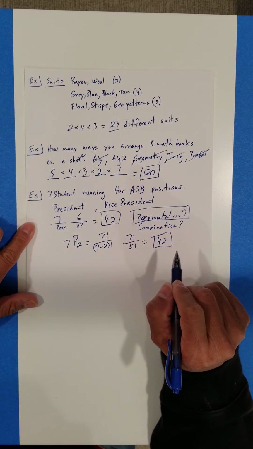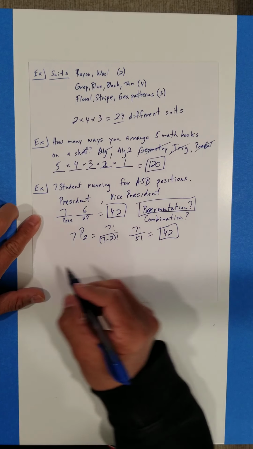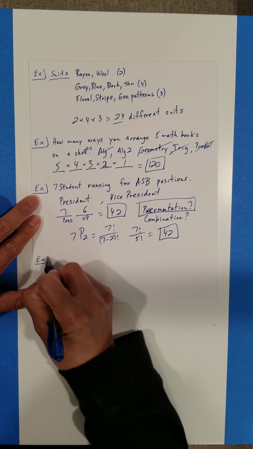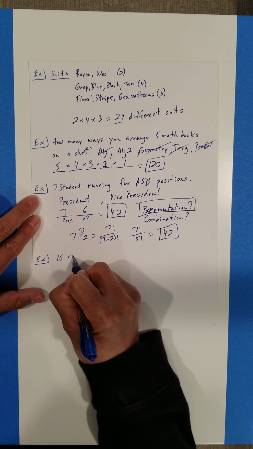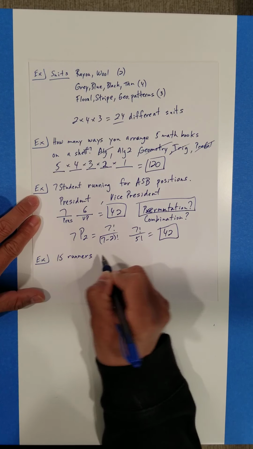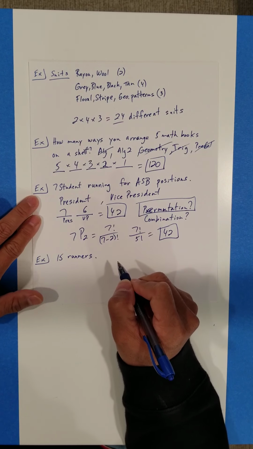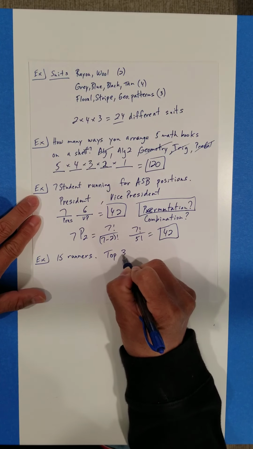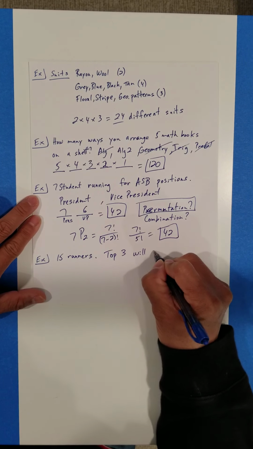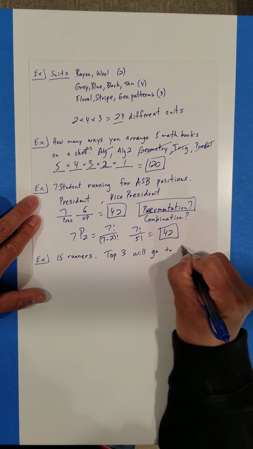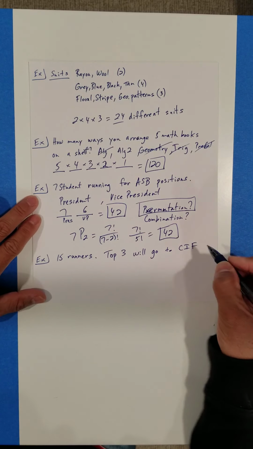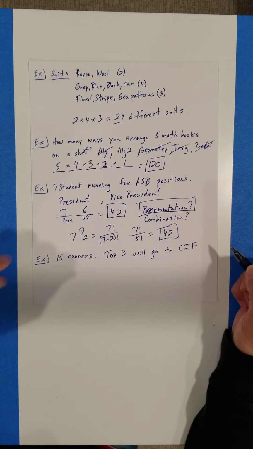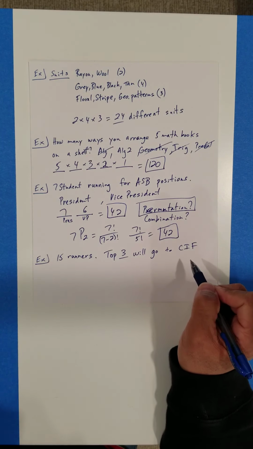Okay, so let's say we have 15 runners all together. The top 3 will go to CIF, so there are going to be 3 winners all together.